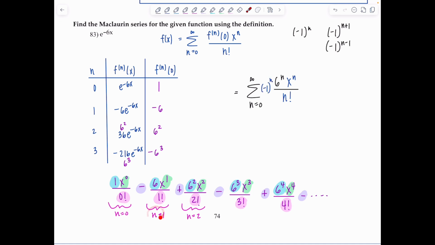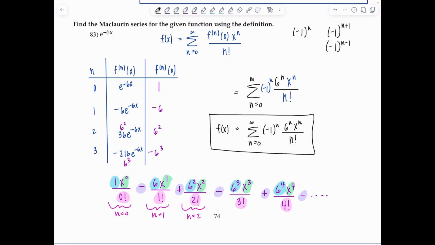Now, if n is 1, negative 1 to the first is negative. Yep, this guy's negative. N equals 2, negative 1 squared is positive. Yep, that one's positive. So this is it. But it looks ugly. So I'm going to write f of x is the sum, n equals 0 to infinity, negative 1 to the n, 6 to the n, x to the n, over n factorial. And that's it. Beautiful.